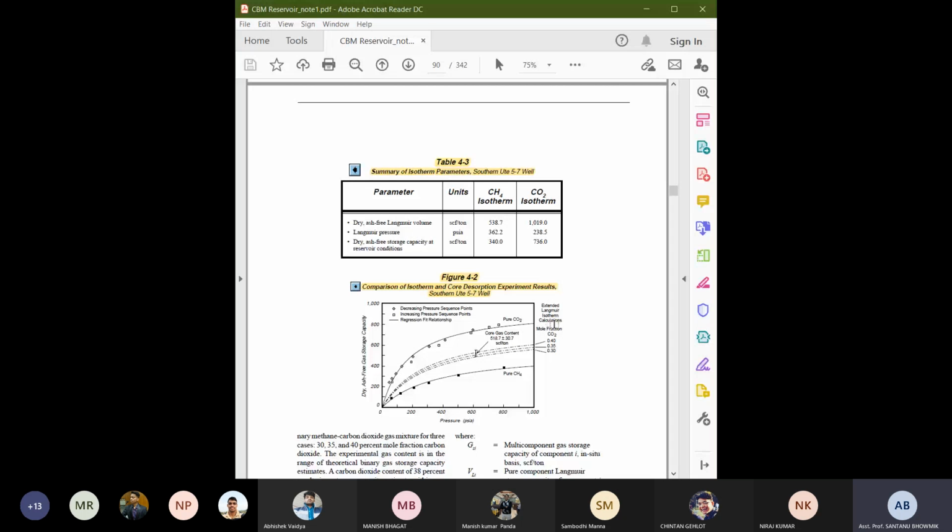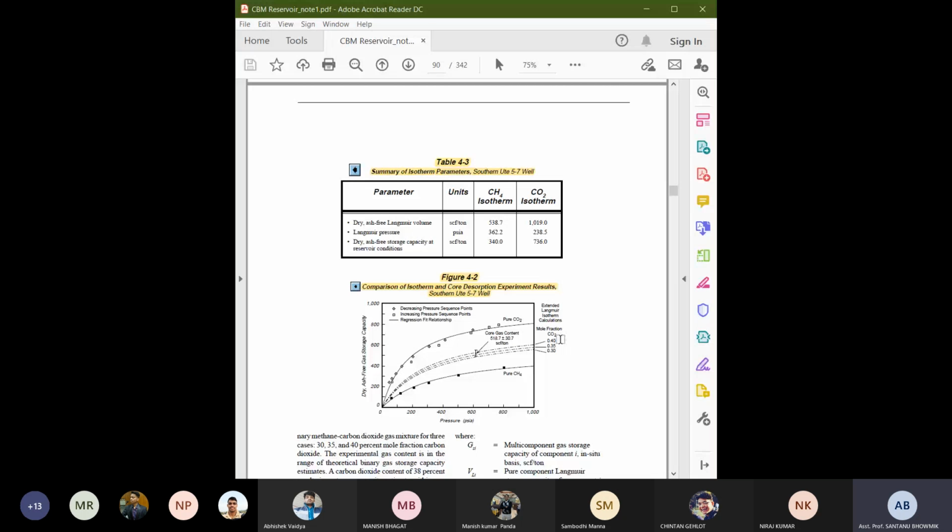Why? You can see the mole fractions of the carbon dioxide are also given. They have taken three mole fraction conditions: 0.3, 0.35 and 0.4, so 30%, 35% and 40% of carbon dioxide. The remaining part is methane. So they have taken the ratio of methane and carbon dioxide as 70-30 for the first mixture, 65-35 for the second and 60-40 for the third.